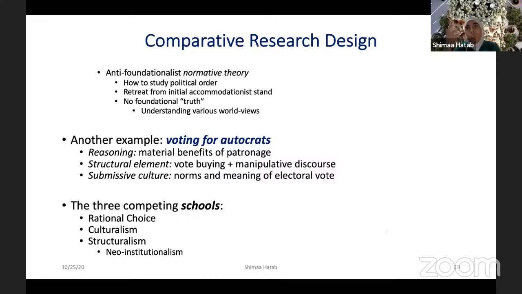So as rational actors, they made a rational calculation and a rational choice, okay? And you can run a regression or make use of survey data to come up with this causality, like the distribution of material benefits and the pattern of voting for the PRI, the one dominant party's candidates.